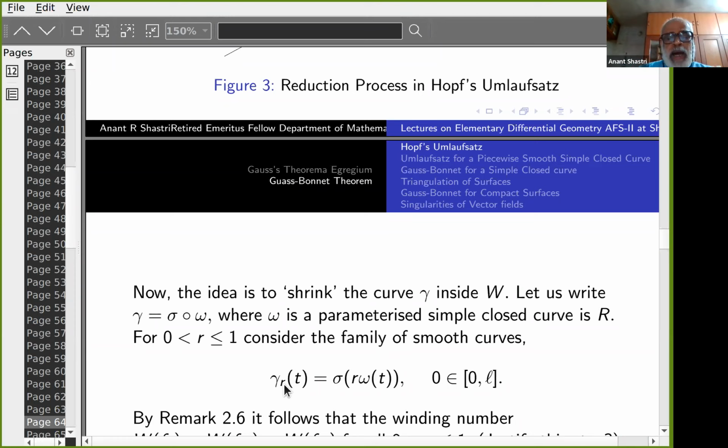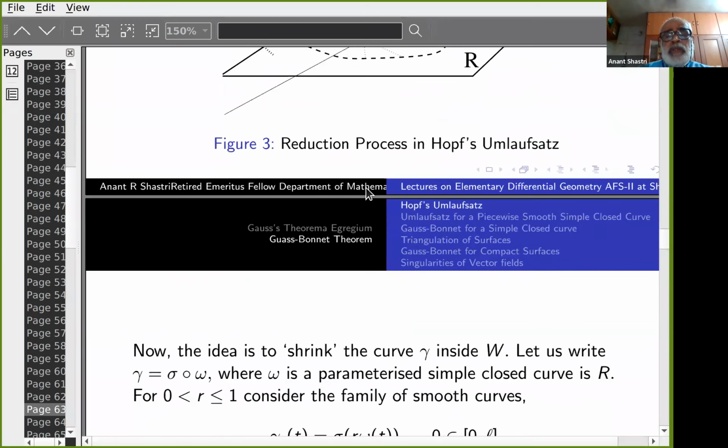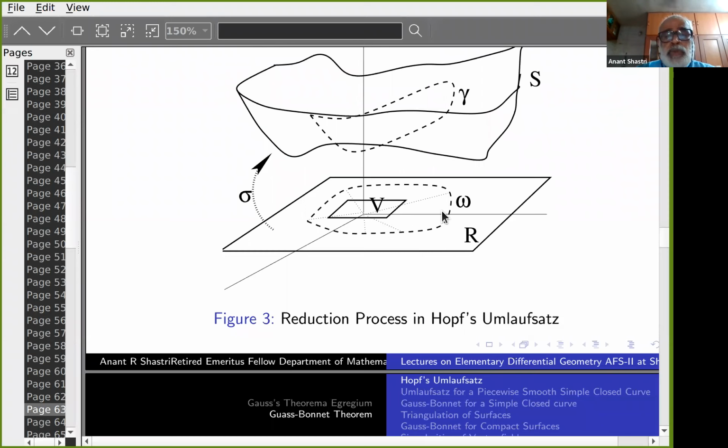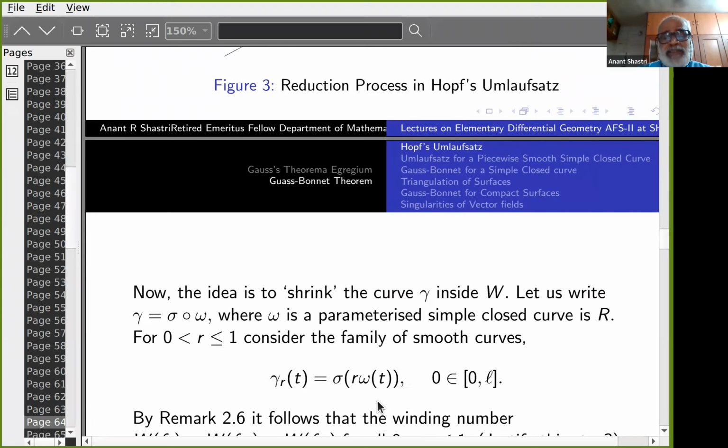So put gamma r of t as r ranges over 0 to 1. I don't want it to be 0. Fix any, say, half to the 2, whatever, till you need it, till it comes inside this region. See, I am pulling it back along these dotted lines. So what you have to do, I'm just rescaling sigma of r times omega t.